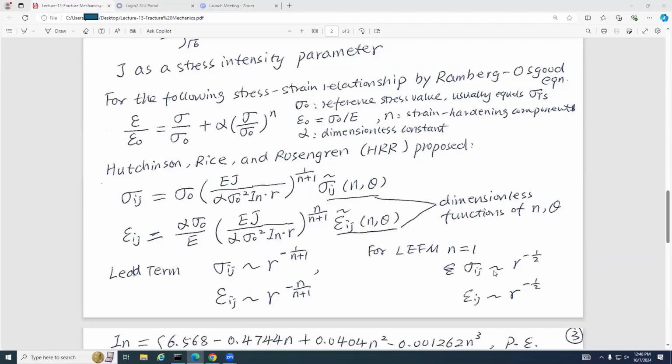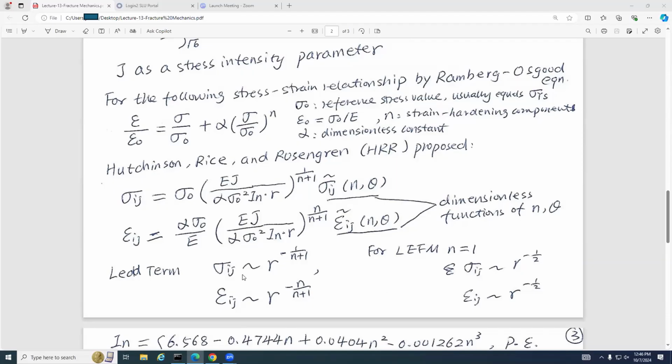So this is consistent with what we have learned for LEFM, right? You guys agree? So LEFM is a special case where n equals 1, and you can see HRR can accommodate LEFM.